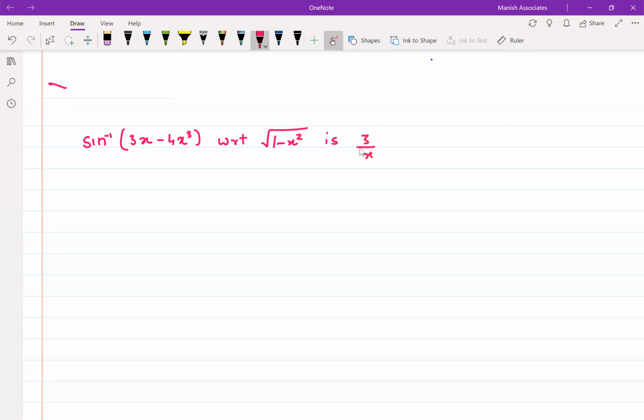That's the question. I repeat, the question is prove that derivative of sine inverse of 3x minus 4x cube with respect to root of 1 minus x square is 3 by x.